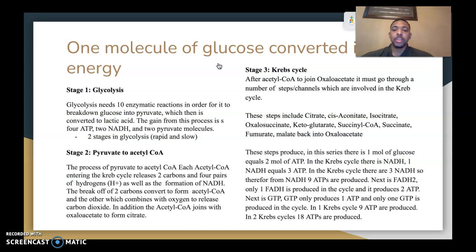This process is done through pyruvate oxidation, and from this, NADH forms and two carbons break off to form acetyl-CoA, and the other carbons break off to form carbon dioxide.